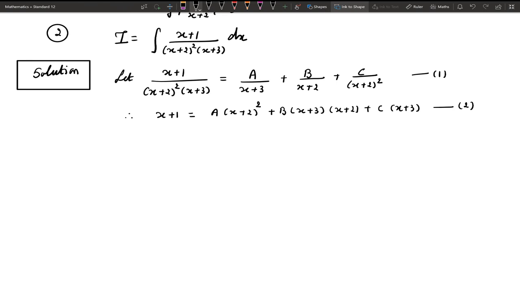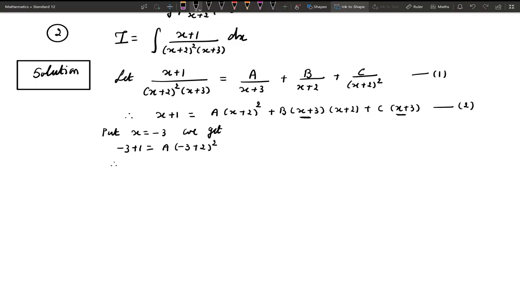Now put x equal to minus 3, we get on the left hand side minus 3 plus 1. The b term will be 0 when we put x equal to minus 3, and the c term will be 0 as well. A into (minus 3 plus 2) whole square.